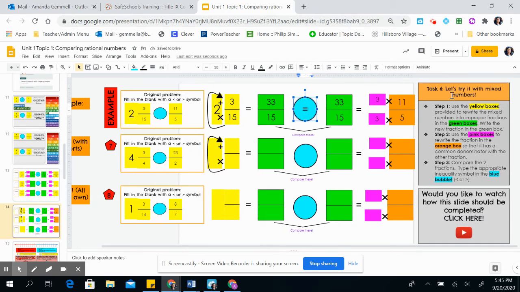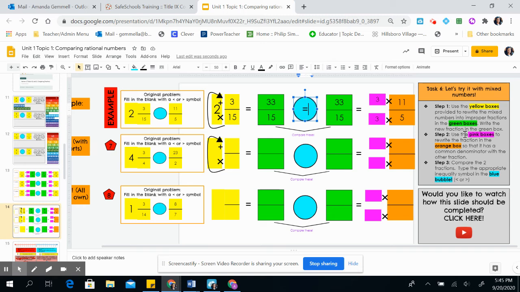Okay, so just to go over the directions, step 1 was using the yellow boxes provided to rewrite the mixed numbers into improper fractions in the green box. So this template is used to help you remember how to do it. And so we just rewrote the mixed number into an improper fraction in the green box.